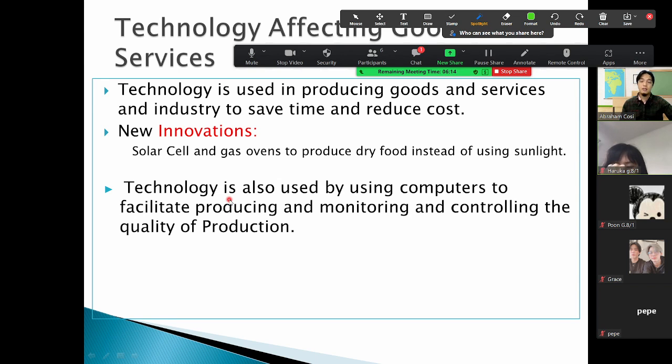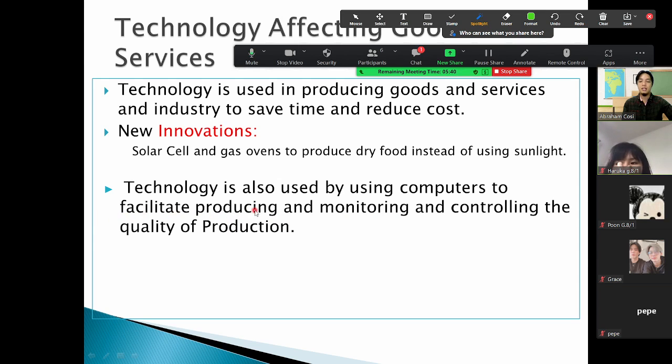We also use technology by using computers to facilitate producing, monitoring, and controlling the quality of production. Technology is used in, let's say, monitoring, like CCTV.